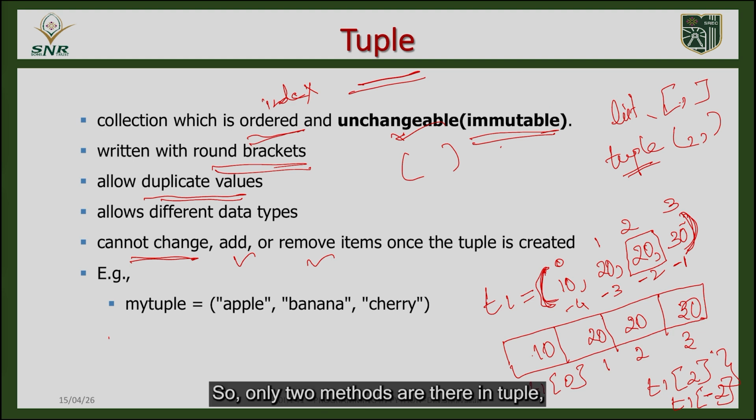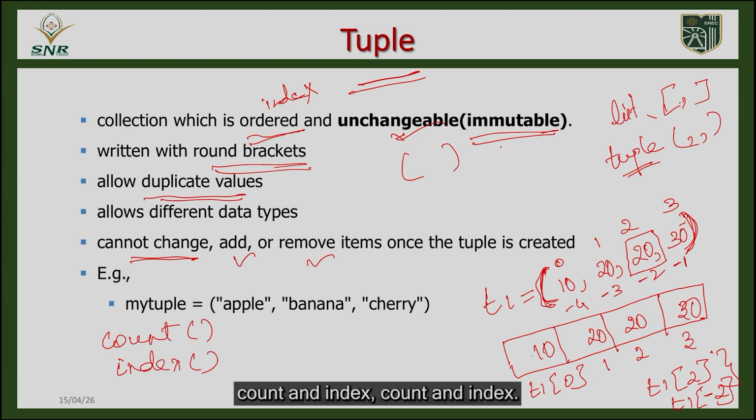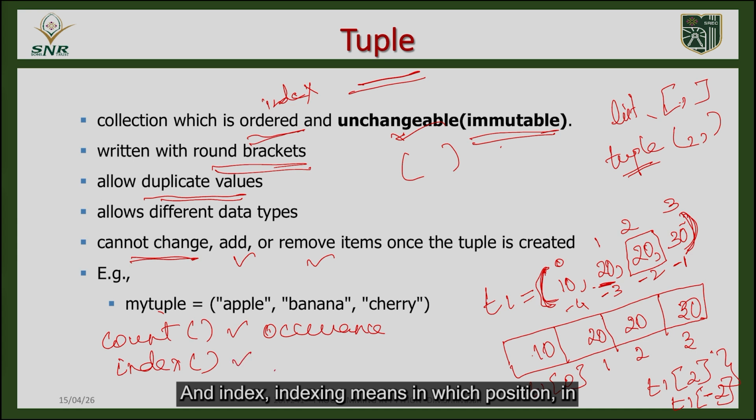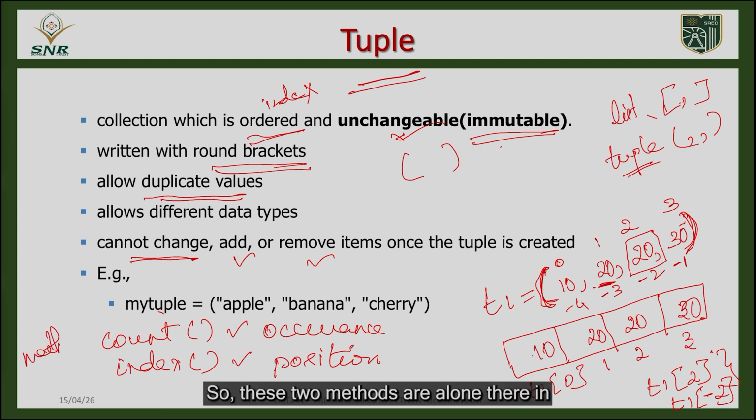So only two methods are there in tuple: count and index. Count is to find the occurrence. For example, in this t1, how many times this 20 has occurred. So I can use the value count, and it gives the output as 2. And index means in which position a particular value has been placed. So these two methods alone are there in tuples.